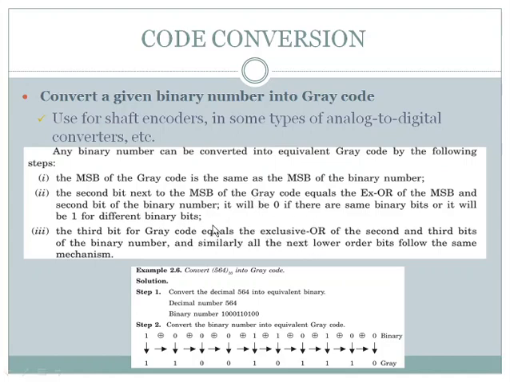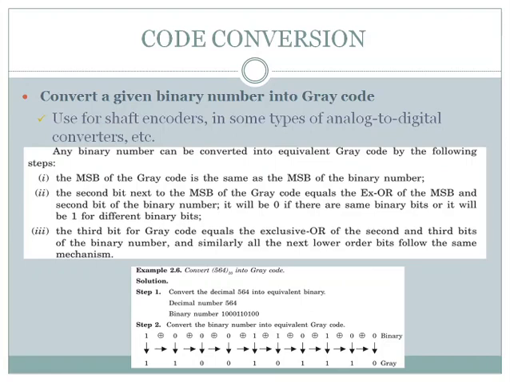That means to obtain the bit for gray code in any position, we have to take the XOR of the corresponding bit in the binary and its previous bit. This is very simple, but it will be very clear if we illustrate with an example.